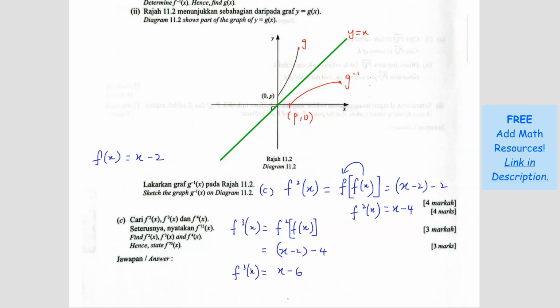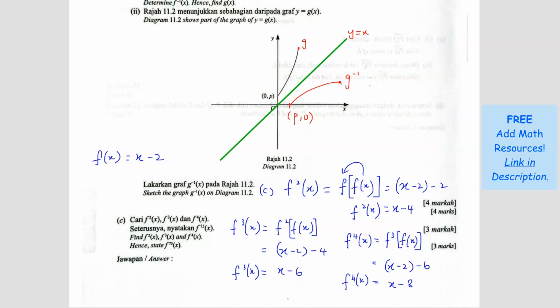What else? f⁴. f⁴ is f substituted into f³. So f³ is x minus 6, so you get x minus 2 minus 6, so you get x minus 8.